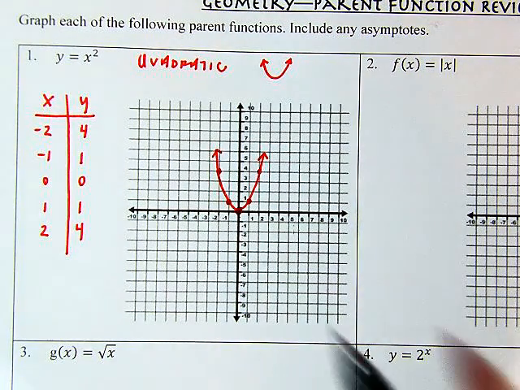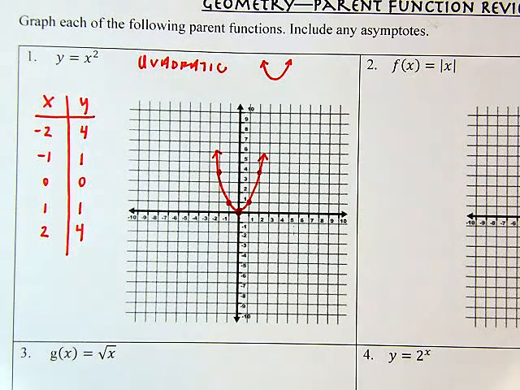So we start at the origin, and then as we go over 1, we go up 1 squared, which is 1. As we go over 2, we go up 2 squared, which is 4. If we went over 3, we'd be going up 3 squared, which is 9, right? So you see the pattern on how we are plotting our points.